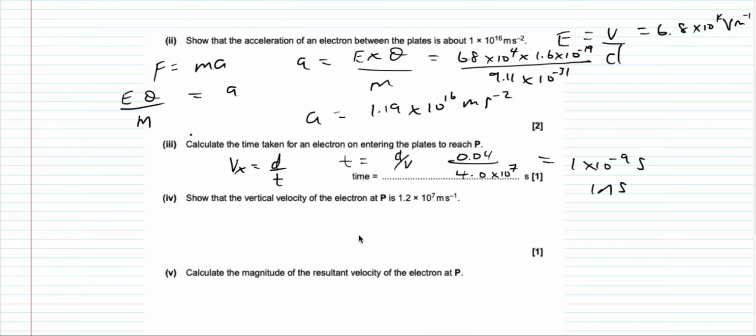With that being said, it says that we should show that the vertical velocity of the electron at point P is 1.2 times 10 to the 7 meters per second.